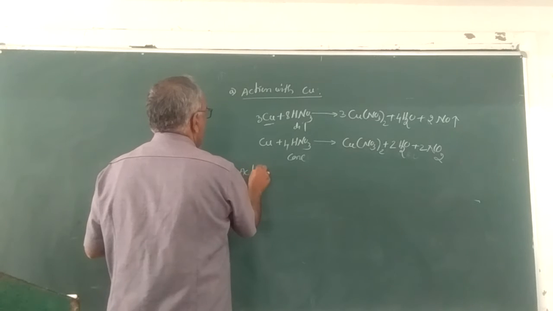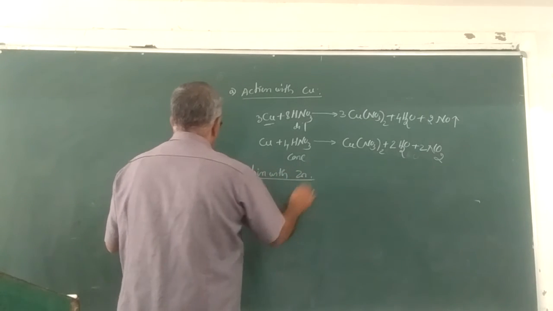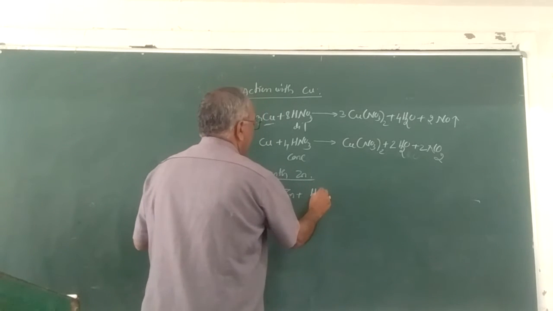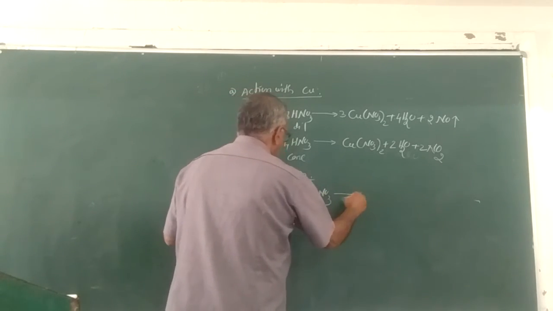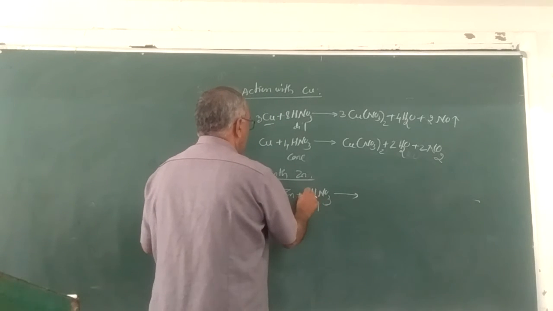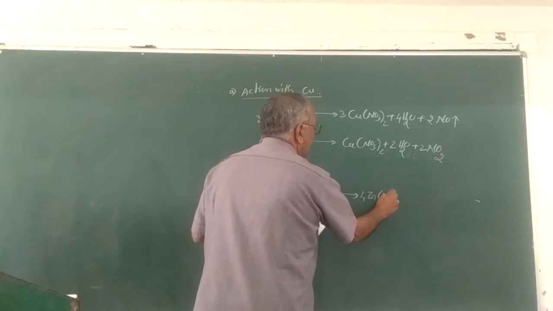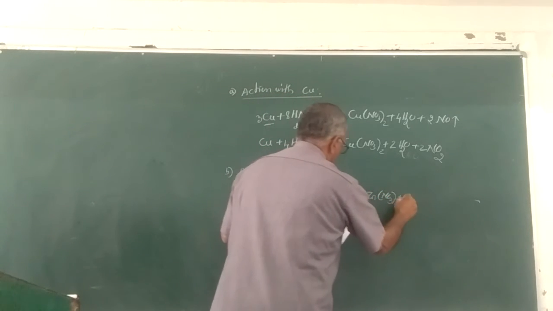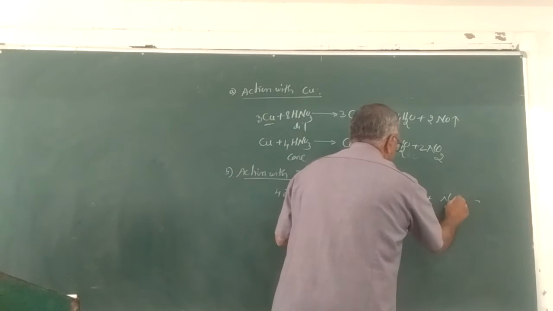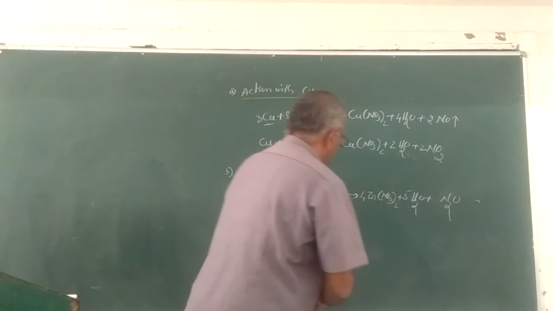Similarly, action with zinc. When zinc is treated with dilute nitric acid first, it leads to the formation of zinc nitrate, then water, and liberation of nitrous oxide gas.